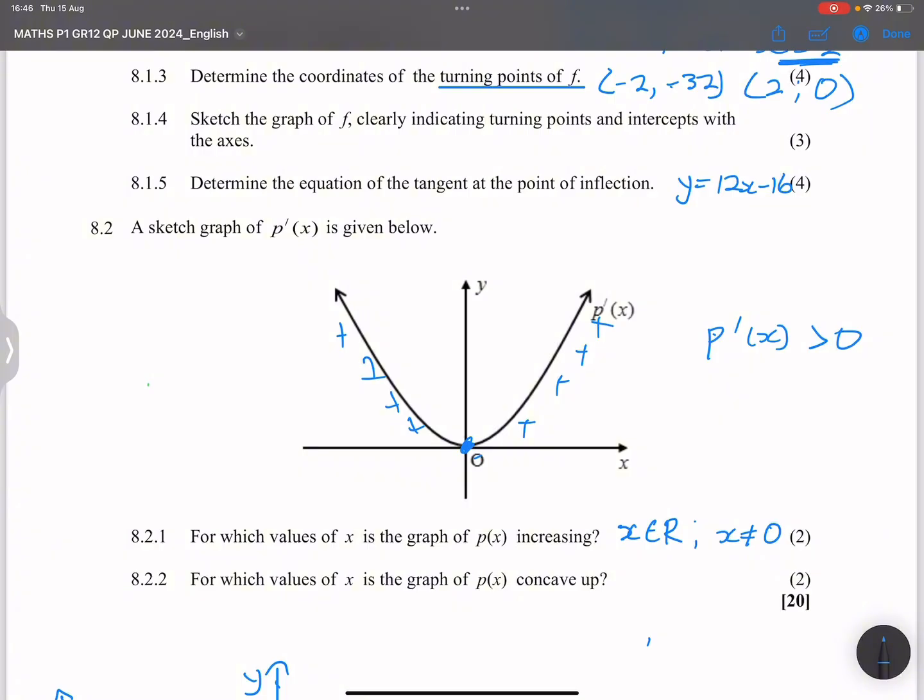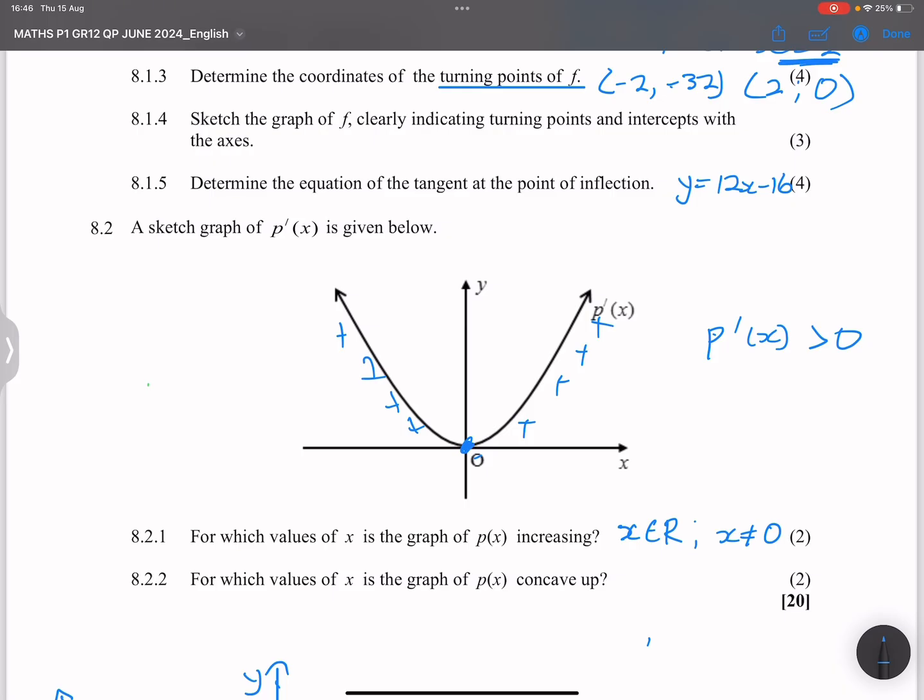So they say for which values of x is the graph of P of x concave up. Now, I want you guys to please note what happens when the graph is concave up.